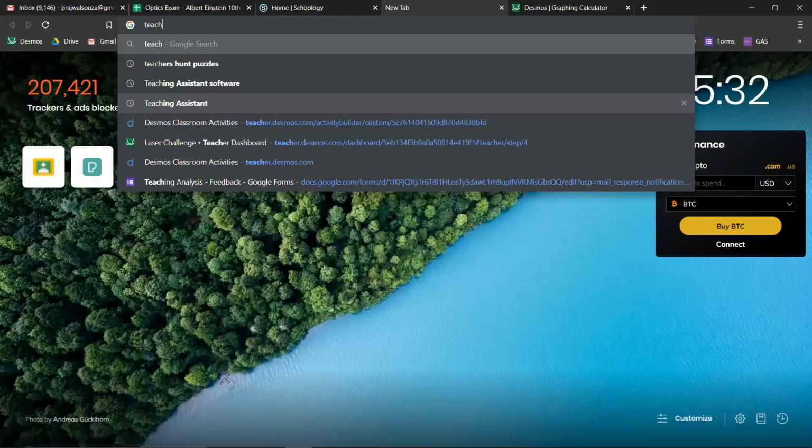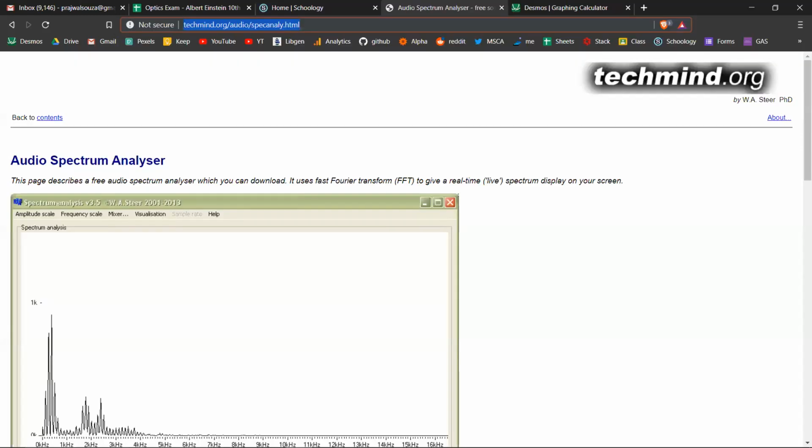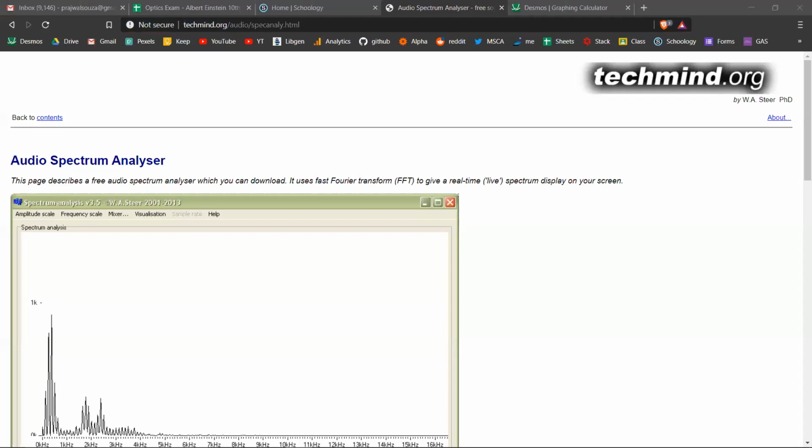Till then, open it if you're interested. Download this software, TechMind. I'll send it in the group. Okay, one second. It's called Spectrum Analyzer, TechMind. I'll send it to you. You guys open it and install it if you're interested.